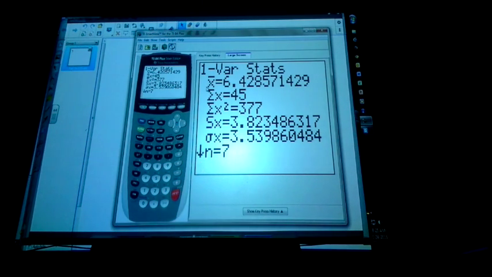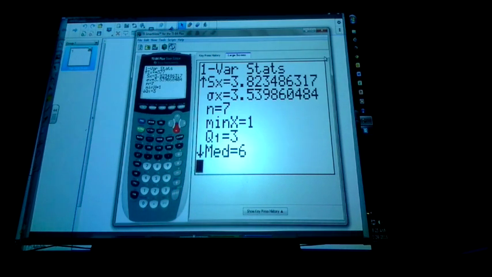Some of you are ignoring decimals on your quizzes. So just be aware, like this says 6.4, don't just say it's 6. Take it at 1 or 2 decimals. The median is the middle piece of our data. If I scroll down a little bit, the median is 6, which we already said. We could see that easily. The mode is 9 because it happens more often.